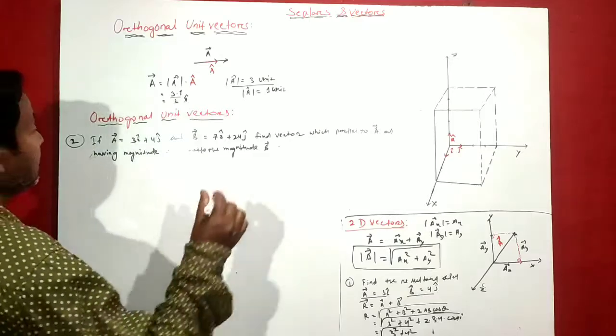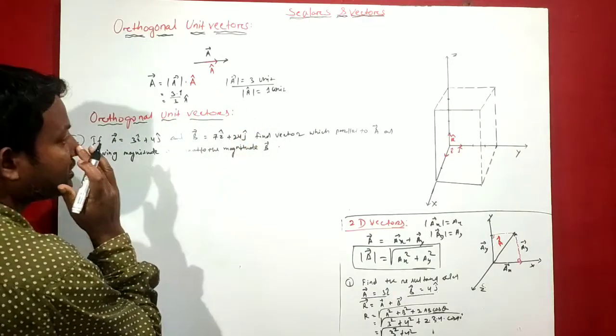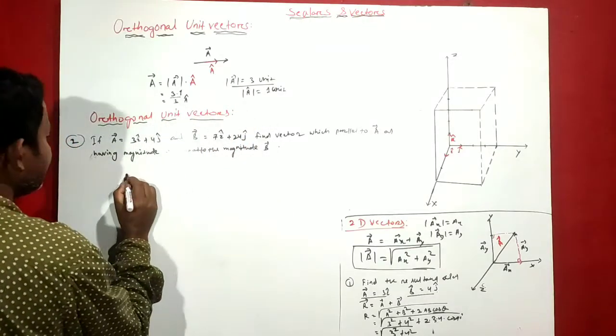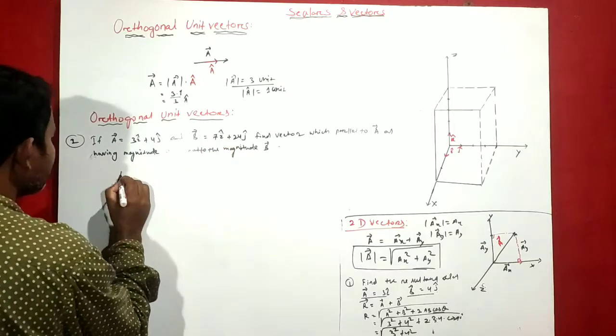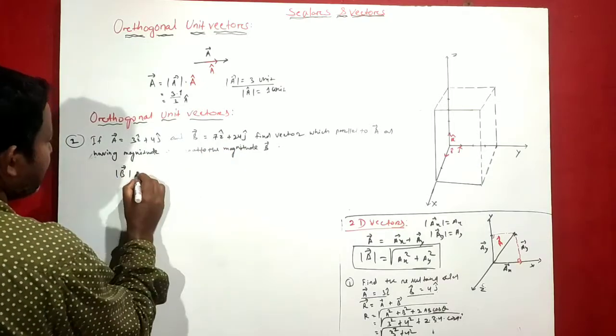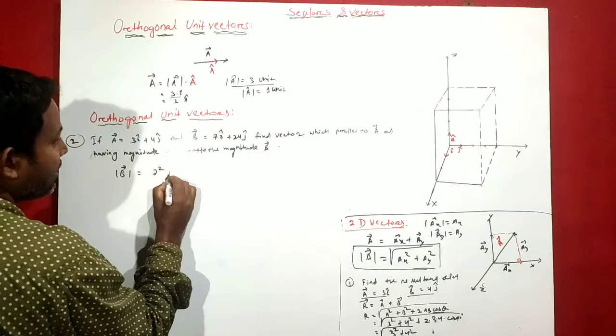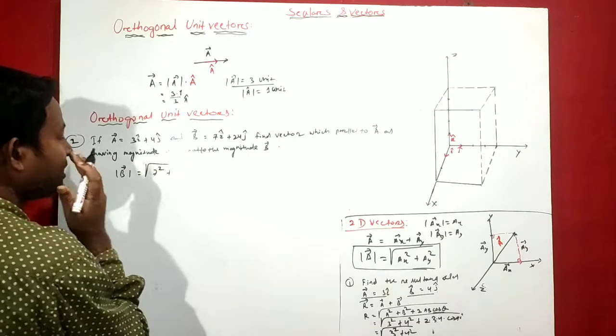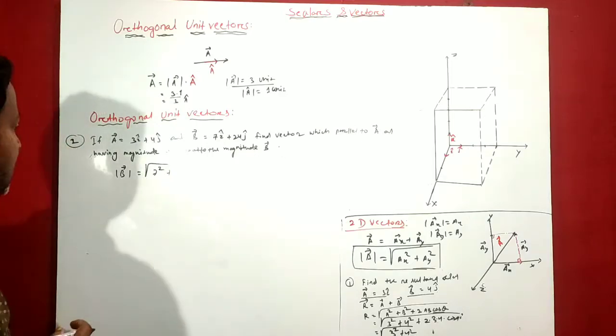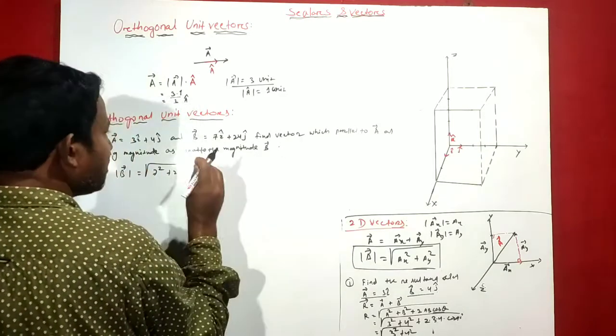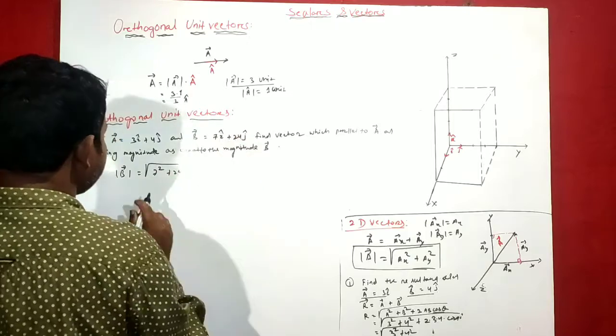Let's solve this problem. First, finding the magnitude of B. The magnitude of B is the square root of 7 square plus 24 square. We take only the magnitude, not direction.